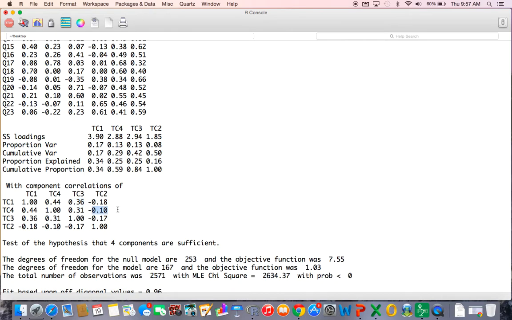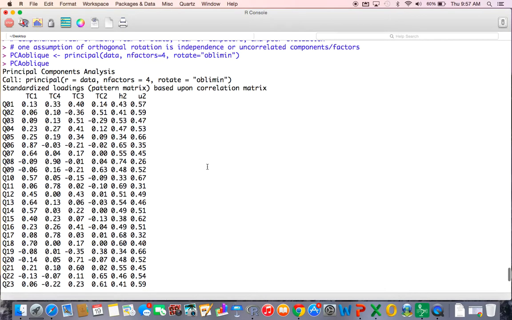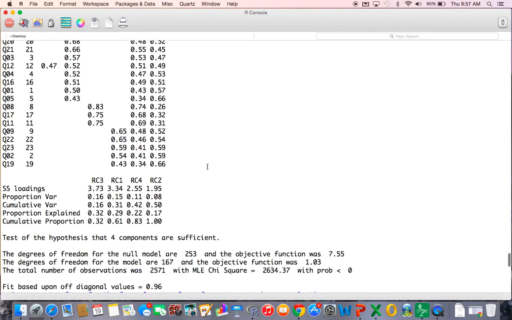Component 2 and component 4 are not highly correlated, at negative 0.1. So this raises an eyebrow and makes me think that the oblique rotation may give me different results than the other.